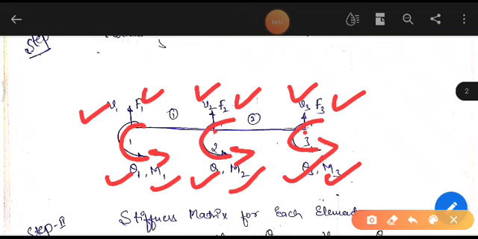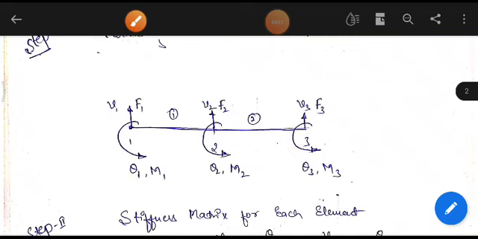Clear? Okay. Once we do this modeling, the next step is to determine the stiffness matrix for each element. Since we have two elements, we need to determine the stiffness matrix for each element.